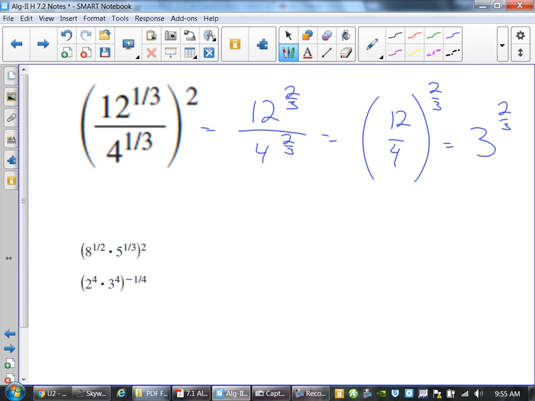It's the same thing. But what I like to do a lot of times is use the power rules prior to doing any simplifying. That way we don't make too many dumb mistakes. This way, when you have a fraction like that, and you have that same exponent, remember, you can use the reverse of the distributive property.